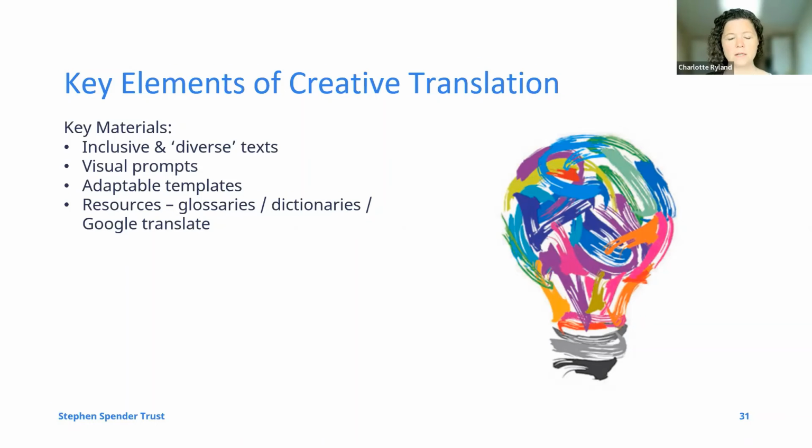In practice, it's a really straightforward and easy way of bringing inclusive and diverse texts into the classroom, and that is our focus as a charity. It's also a very visual activity, so we always start with visual prompts, as you see, in that gentle scaffolded way into the text.